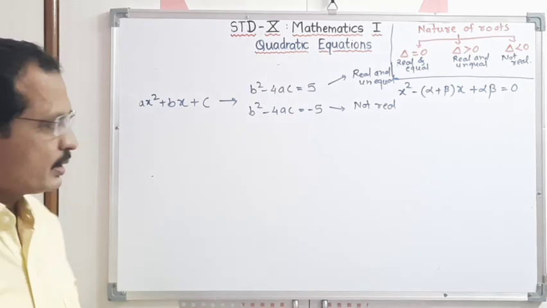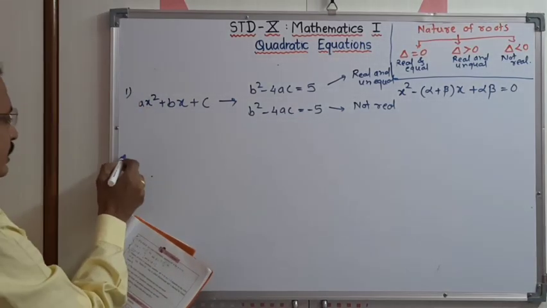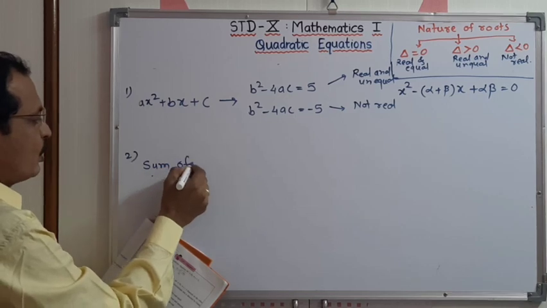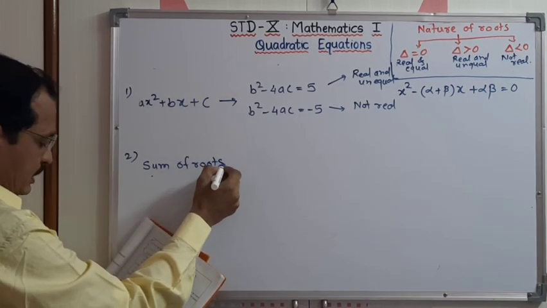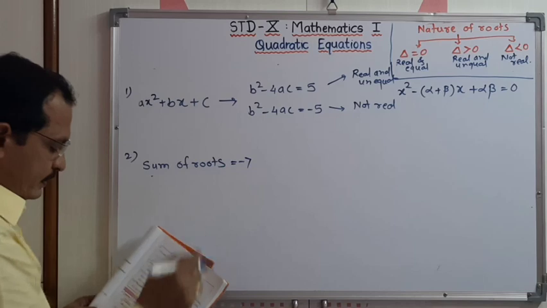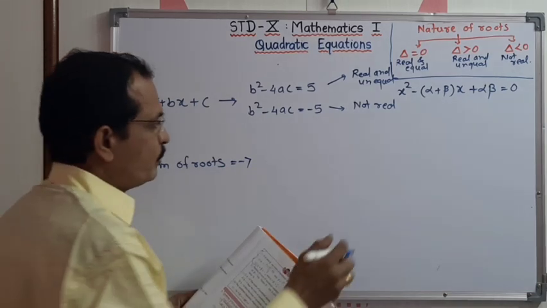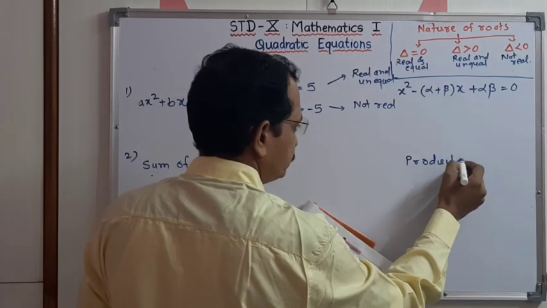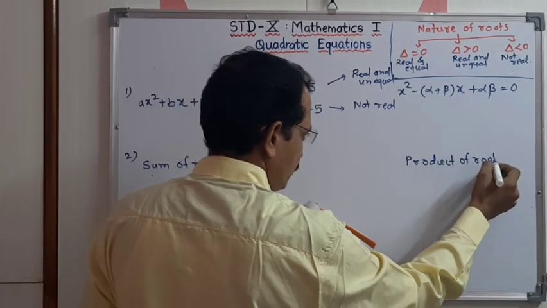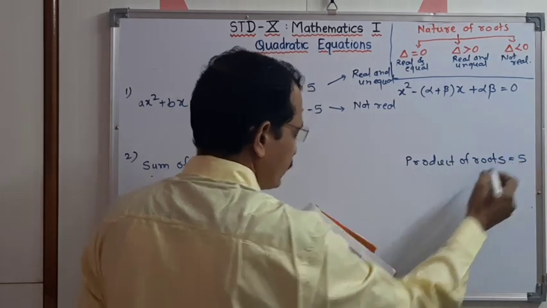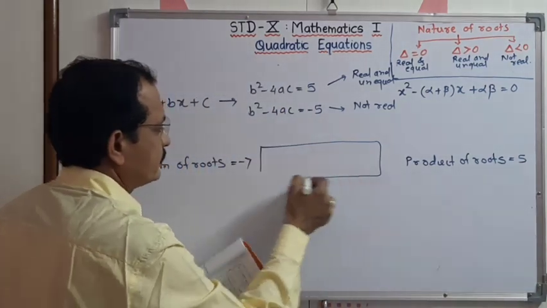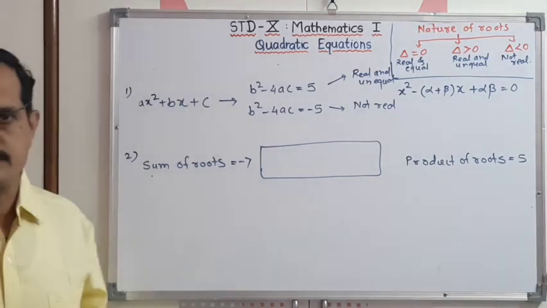Then the second one is there, sum of roots, it is given as minus 7. Then here the product of roots is equal to 5, and here we have to write the quadratic equation.